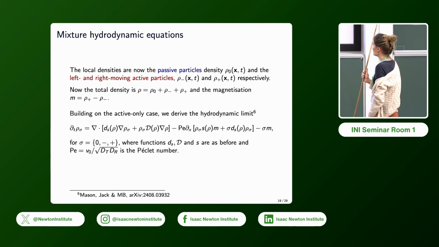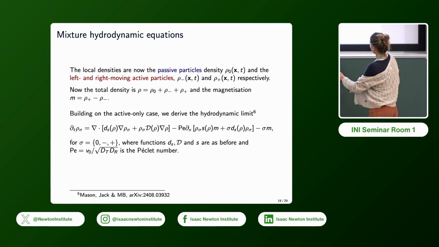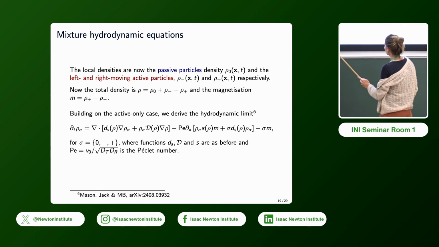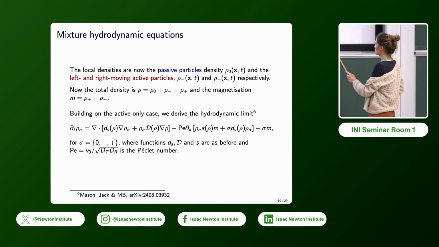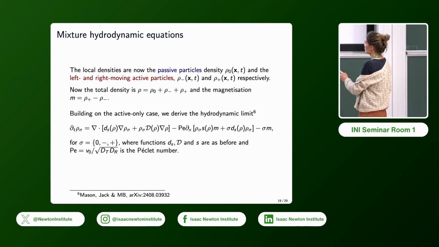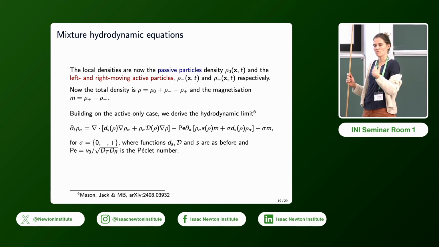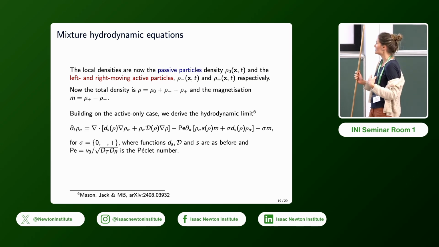Okay, and so the hydrodynamic limit that we get has really the same structure as before. The only thing to note is for the passive particles, we just put sigma 0 here. What you see is that, of course, they don't have this term here because that's their own self-propulsion, but they do get some sort of effective self-propulsion term due to the active particles around them.